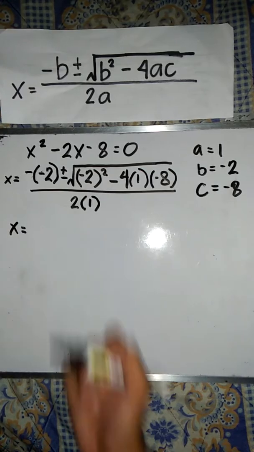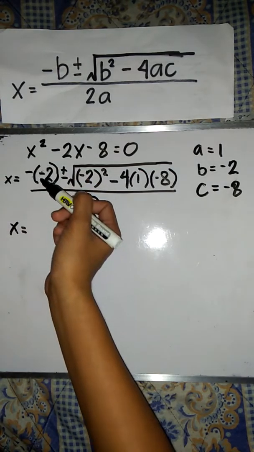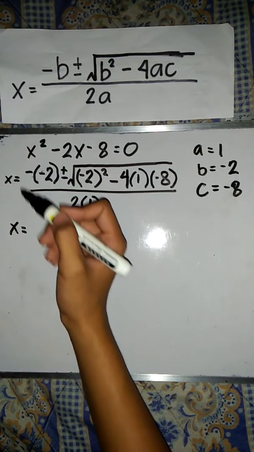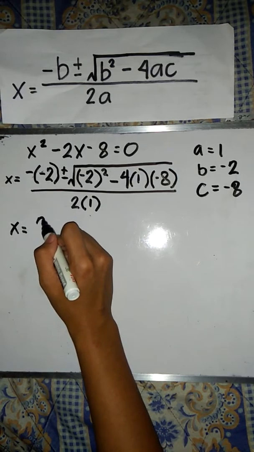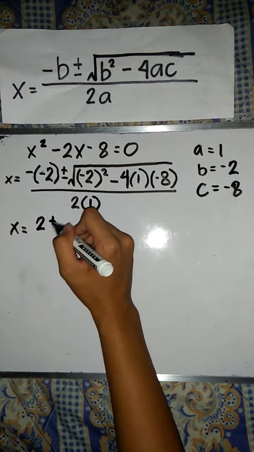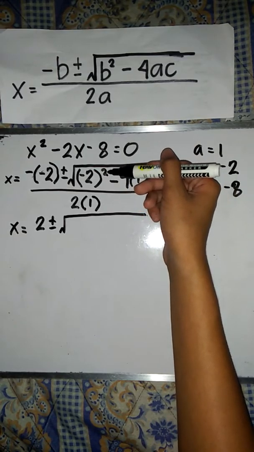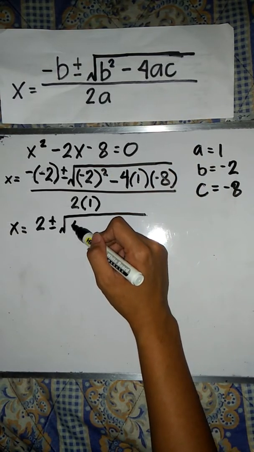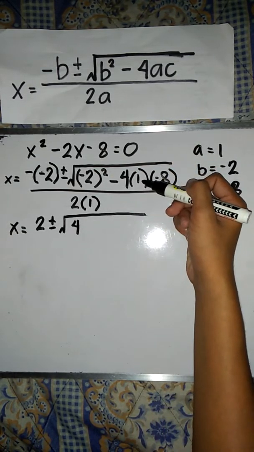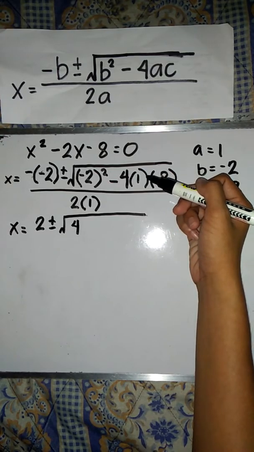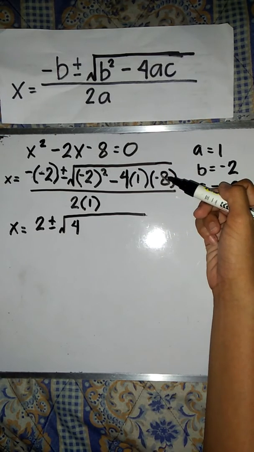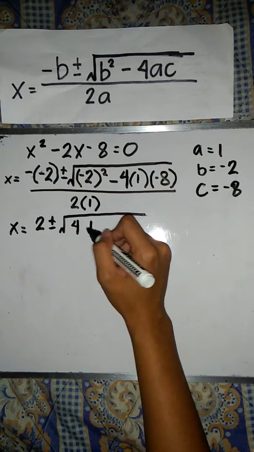So we're going to simplify this equation. Negative 2 times negative is positive 2. So 2 plus or minus square root of negative 2 squared is 4. Negative 4 times 1 is negative 4, times negative 8, it's positive 32.